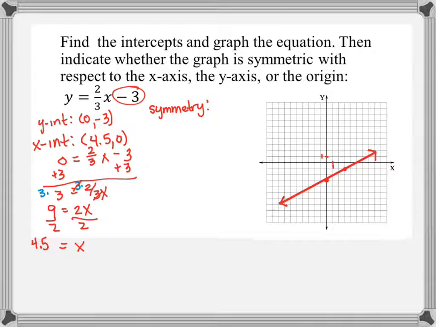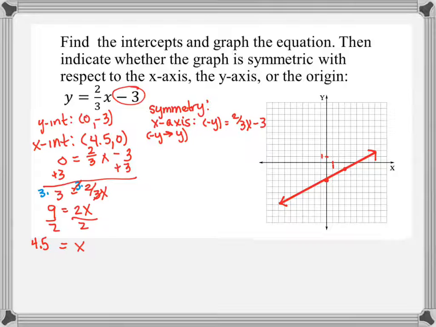So the first symmetry we're going to look at algebraically is whether this graph is symmetric to the x-axis. In order to do that algebraically, we will substitute in the opposite of y everywhere we see y in the original equation. So doing that, we get the opposite of y equals 2/3 x minus 3.